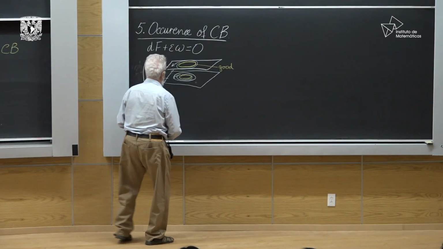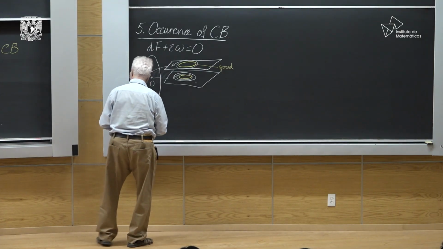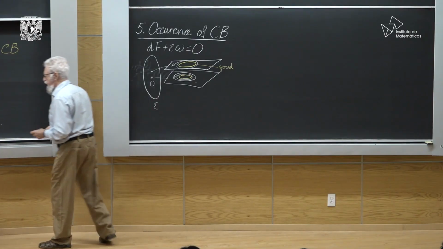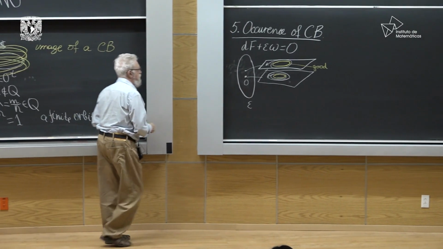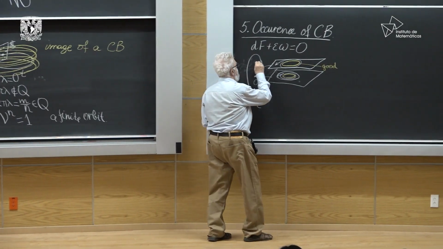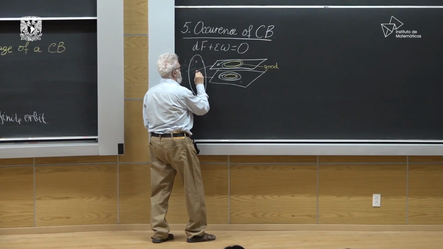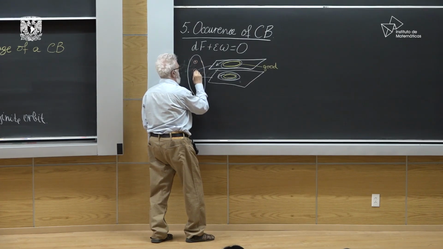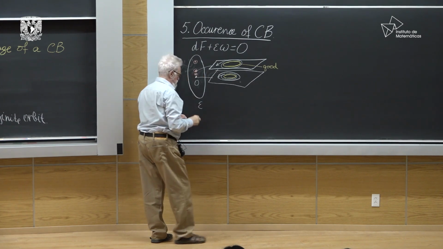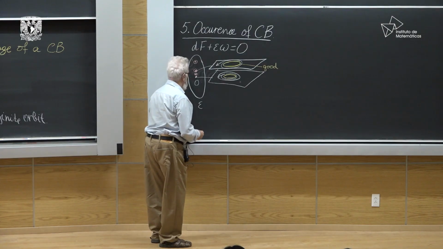But it appears that for some sequence of epsilon values, you have small neighborhoods in which the ciclos bandidos occur.